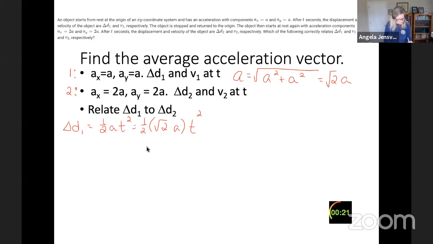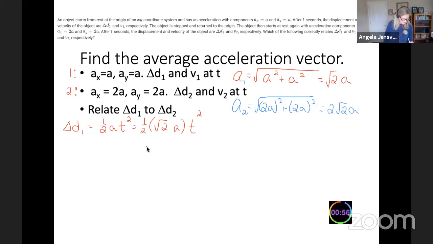Now, let's do it for the second situation. Okay, so that was a1. So let's get a2, which would be the square root of 2a squared plus 2a squared, which would be 4a squared plus 4a squared. The square root of 8 is 2 square root of 2, times a, right?